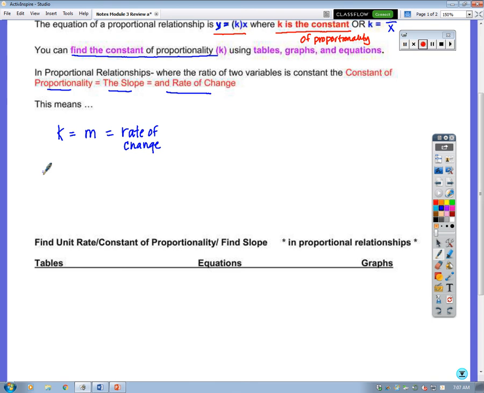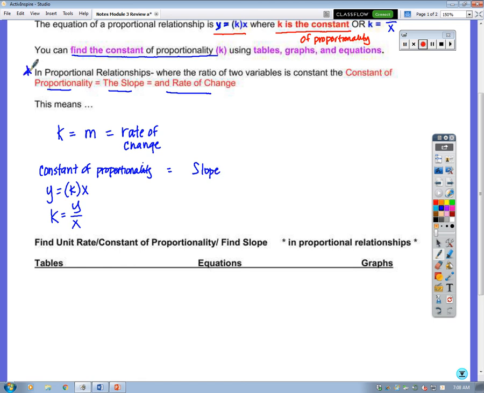So the constant of proportionality is in the equation where y equals k times x, and you can find k by putting y over x. Those are two ways to write that. And that is equal to the slope. Remember, this is in proportional relationships.